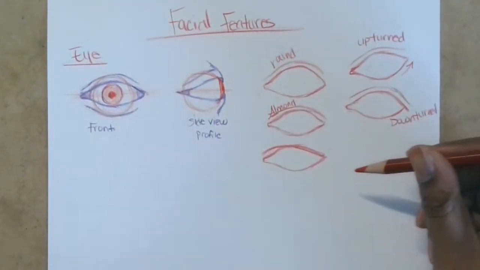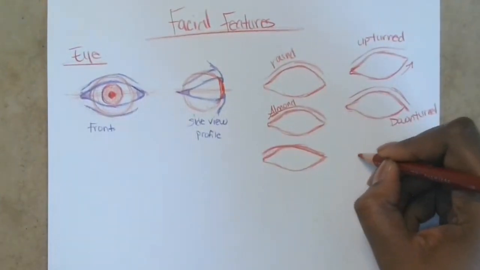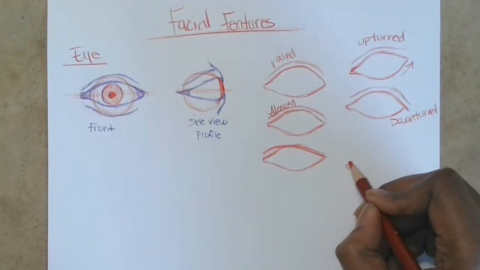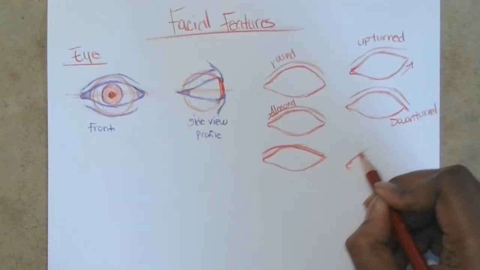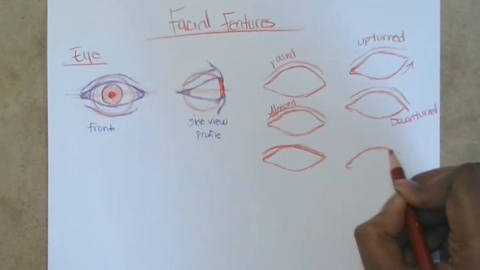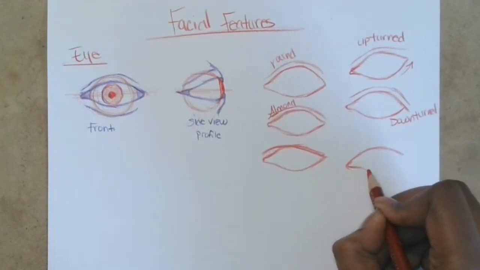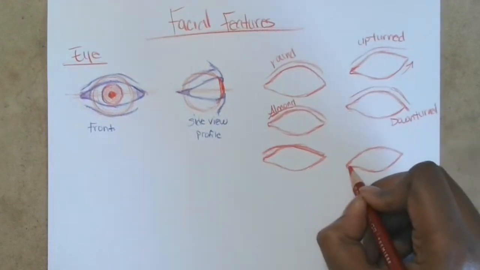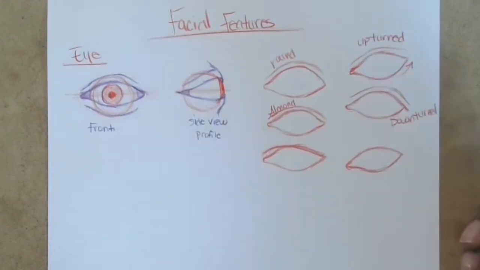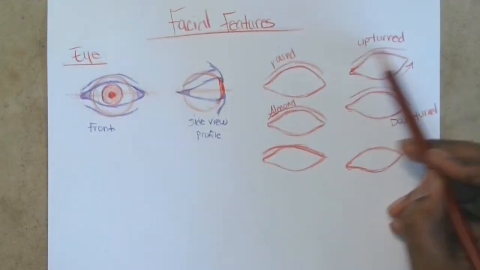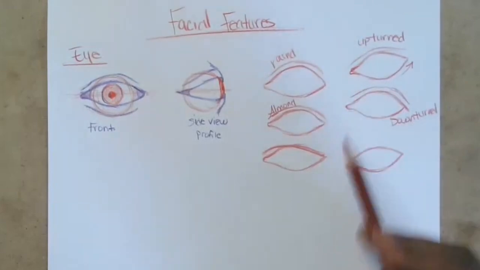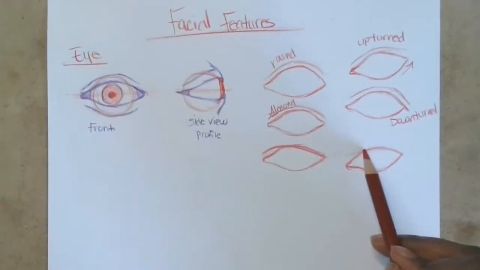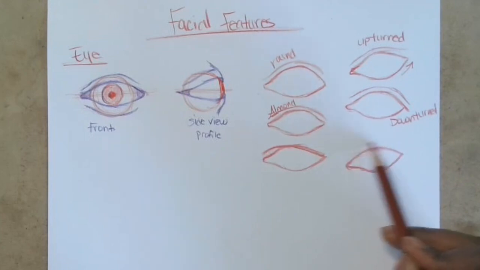And the last eye shape is a monolid. So this is the monolid shape. So instead of us drawing the top part of the eyelids like we did up here, it actually starts right on top of the beginning of the eyelid. So there is no curve or indent.